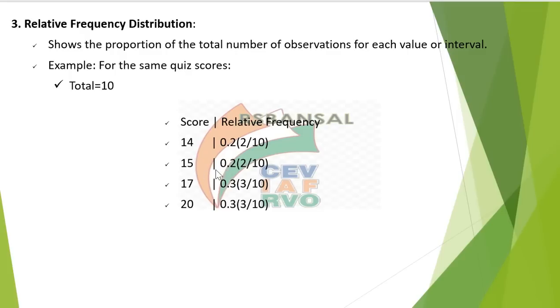Again, 0.2 have scored 15 marks, 0.3 have scored 17 marks, and 0.3 have scored 20 marks. The sum of all these will be equal to 1: 0.2 plus 0.2 plus 0.3 plus 0.3. If you represent the data in this form, then it is called relative frequency distribution.